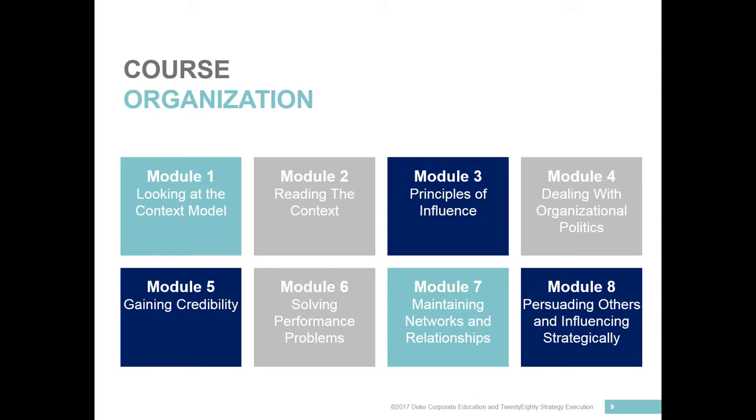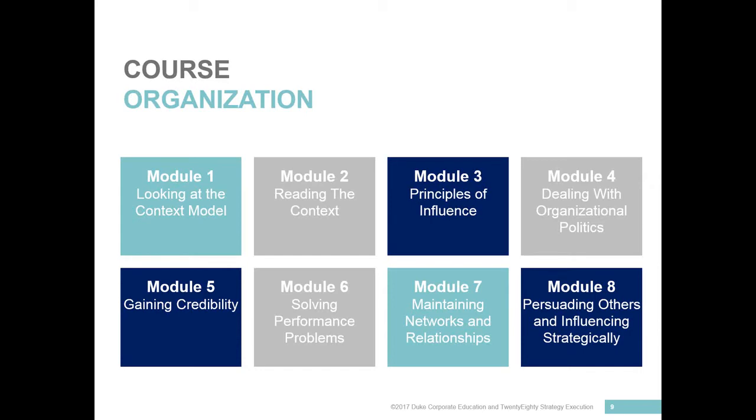That lays out across the 8 modules, where modules 1 and 2 are about the reading of context, and there is a context model with 5 elements. The 5 elements are personal behavior, relationships, networks, organization, and the environment in which they are operating.